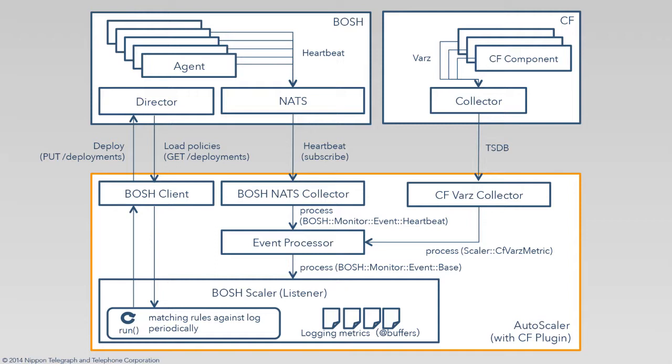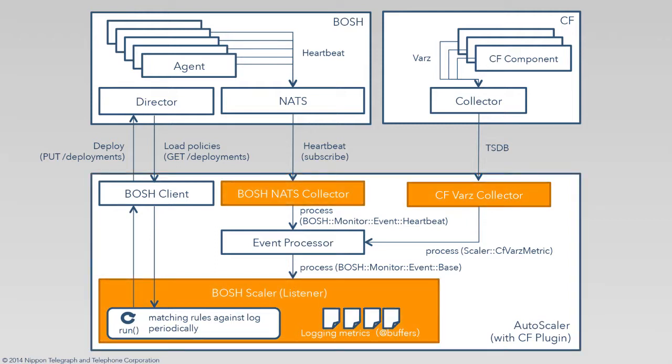Collectors are components for receiving information from input sources. For BOSH, the BOSH NATS collector monitors the NATS server in BOSH and obtains heartbeat messages from the NATS server. These messages include basic metrics like CPU and memory usage.